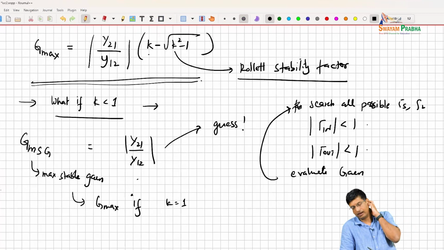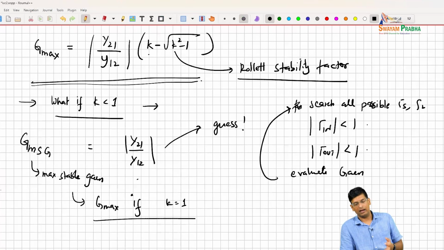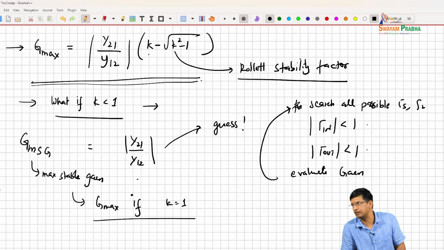But you do not know in this situation if this is a meaningful metric at all. Does that make sense? So G max is very clear if K is greater than 1.